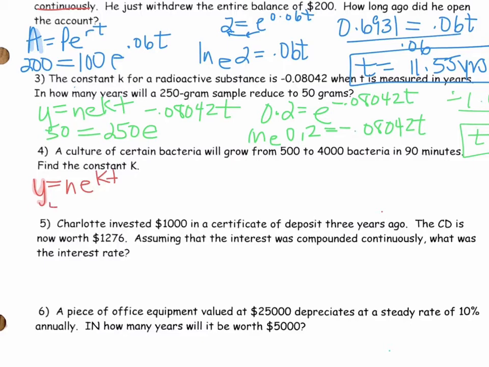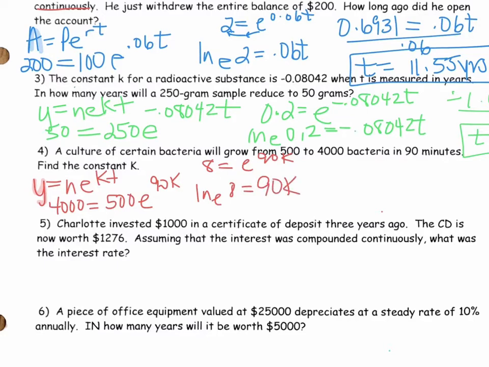So the ending amount is 4,000, beginning amount is 500, e to the 90k. Well, this time you're going to divide by 500, and when I divide by 500, I get 8 equals e to the 90k. We're going to switch forms, so you get the ln of 8 equals 90k.